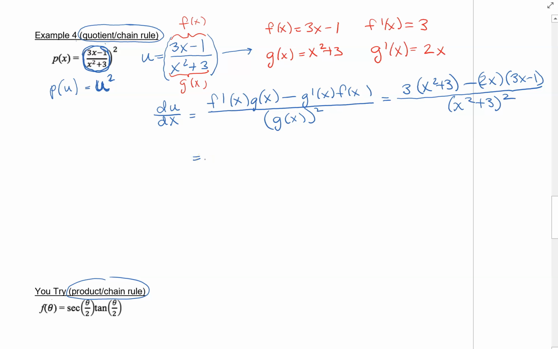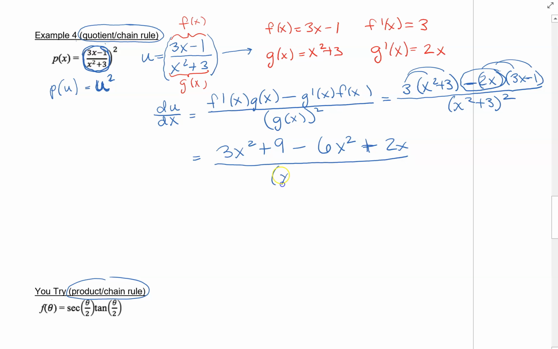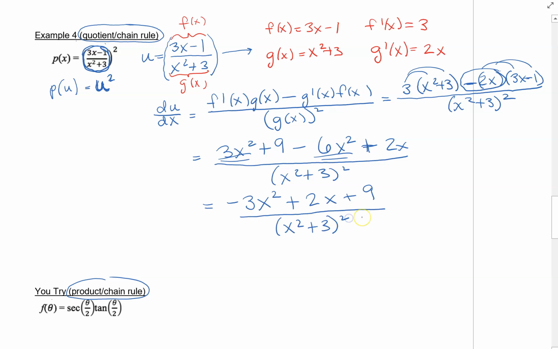So then that ends up equaling, if I distribute the 3 and I distribute the negative 2x, I get 3x squared plus 9 minus 6x squared plus 2x, because this negative times that negative makes a positive. All of that is over x squared plus 3 squared. And then that can simplify because I have like terms in the numerator to negative 3x squared plus 2x plus 9 all over x squared plus 3 squared.